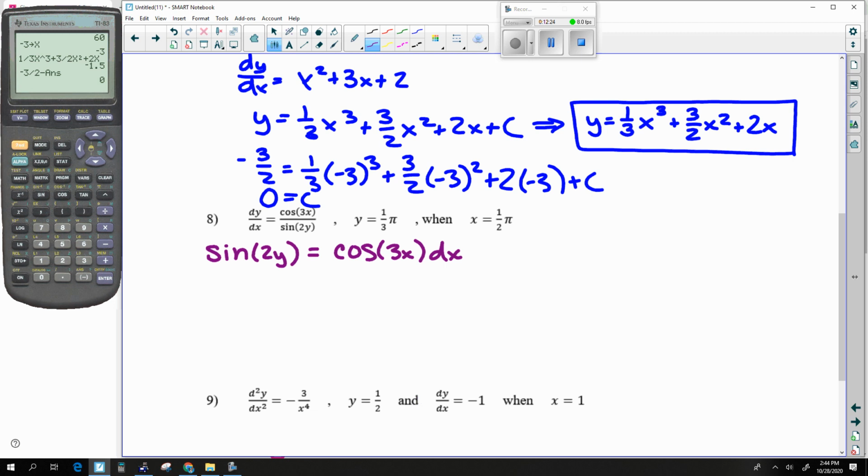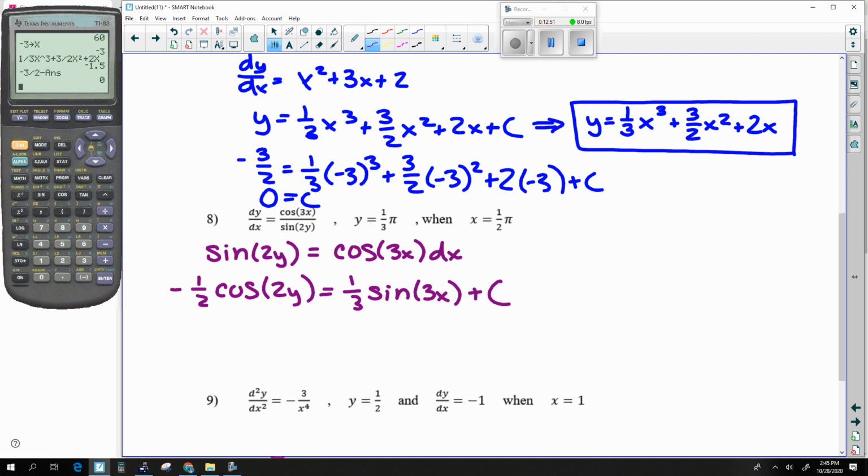Okay, so we integrate both sides. So sine goes to negative cosine and a 2, so 1/2. Cosine goes to sine, and then the 3 comes out, so 1/3. And again, we get this generic plus c.